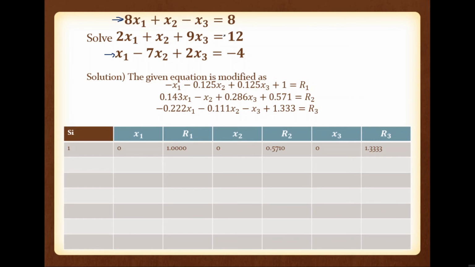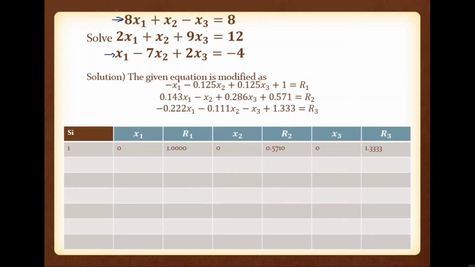This equation is becoming third one, so minus 12 equal to 0. Now what we have to do, divide the entire equation by the negative of the diagonal element. So divide first equation by minus 8, divide the second equation by plus 7, because the diagonal element is minus 7, so its negative is plus 7. Divide the third equation by minus 9.